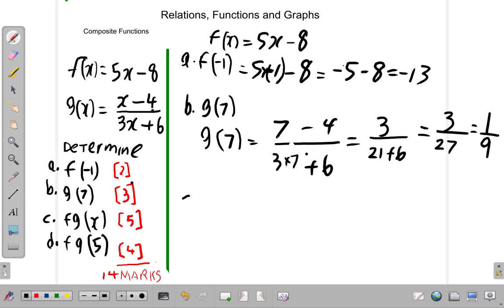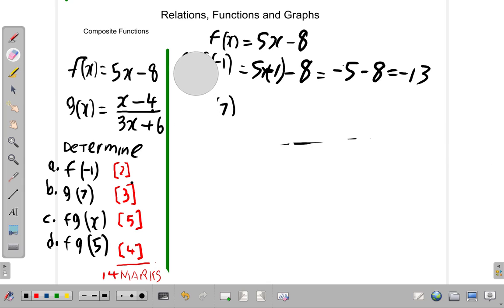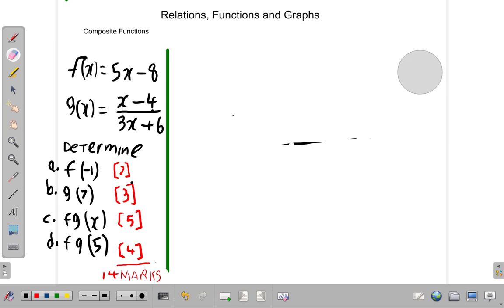Let's look at C. fg of x. In fact, we're going to need a bit more space, so let me just erase what I have up here and start from the top here. Now, for part C, we have fg of x equals.